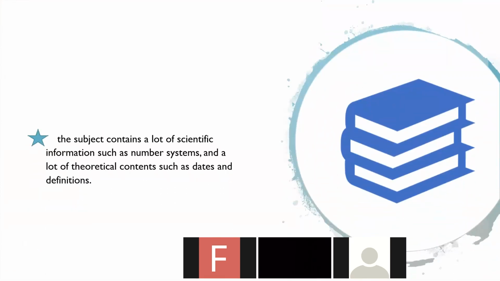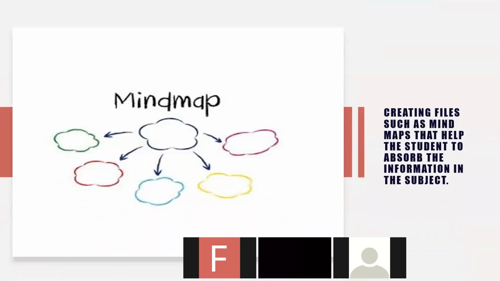The fourth problem is the subject contains a lot of scientific information, such as number systems, and also the content contains a lot of theoretical content, such as dates and definitions. The solution is creating files such as mind maps that help the student to absorb the information in the subject better.